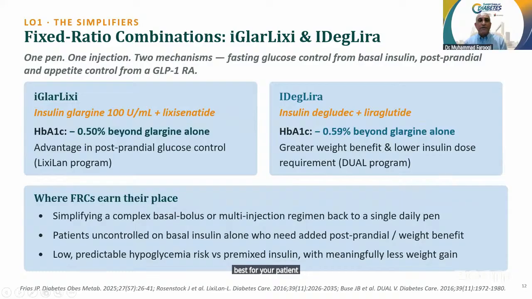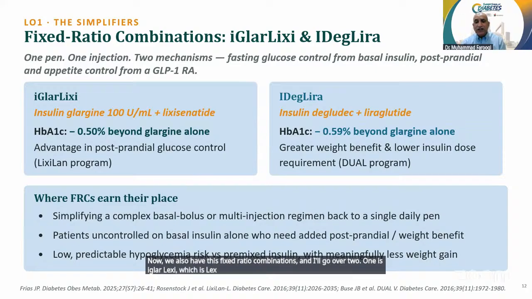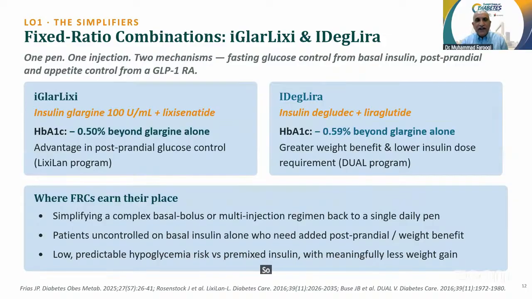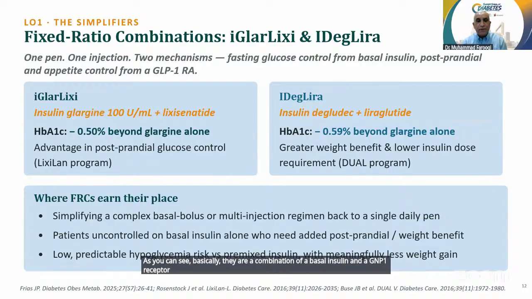Now we also have fixed ratio combinations, and I'll go over two. One is IGlarLixi, which is lixisenatide and glargine, and the other is IDegLira, which is liraglutide and insulin degludec. They are generally not as commonly used in our practices. Basically, they are a combination of a basal insulin and a GLP-1 receptor agonist in a single pen, and they are given once daily.